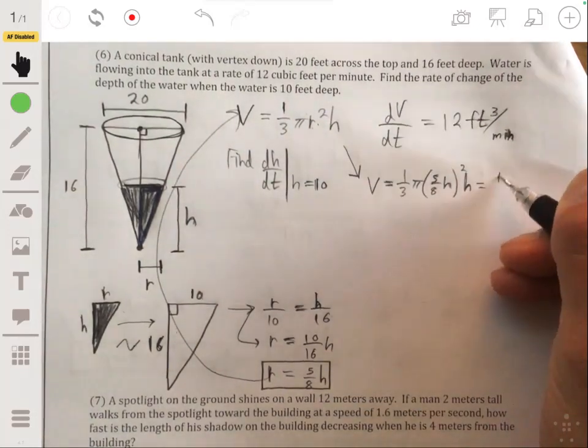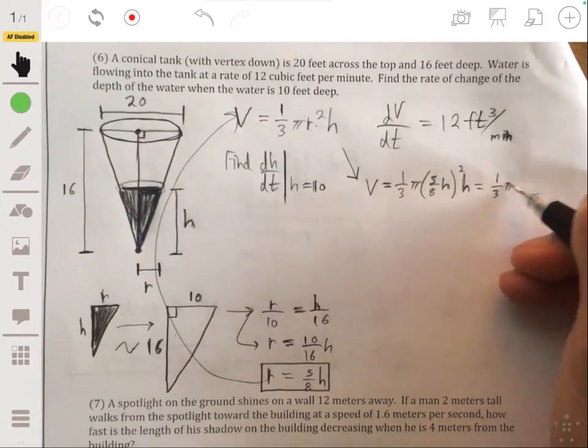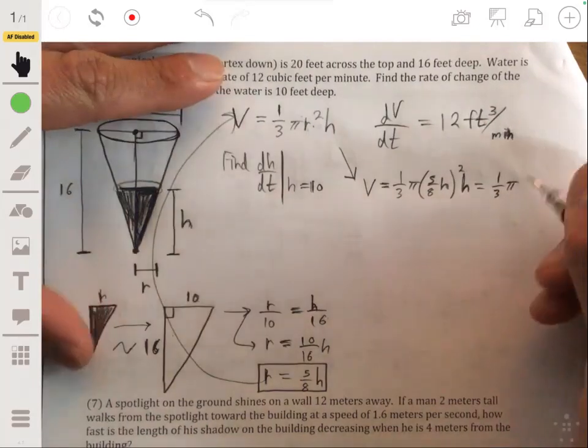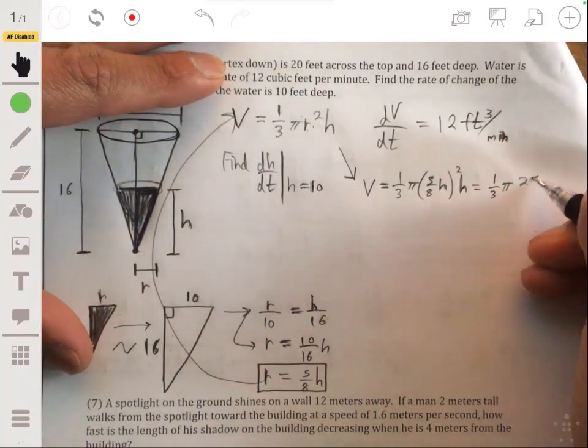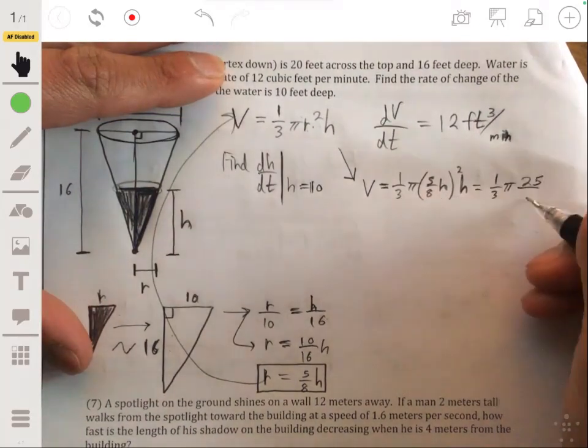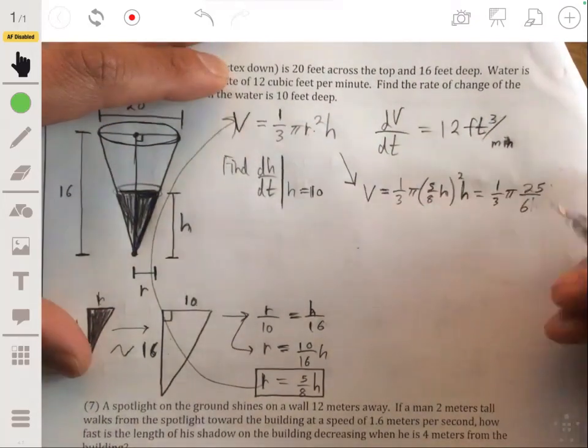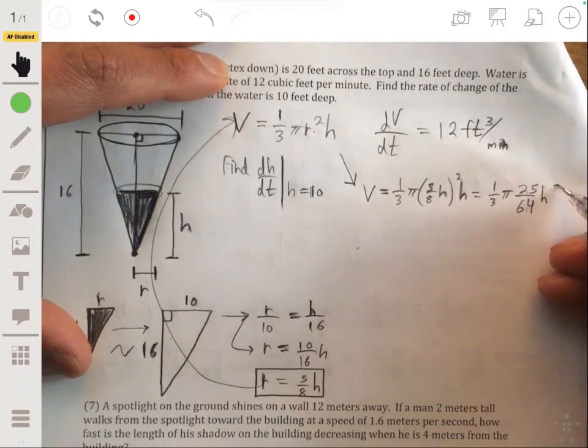And so this is going to be 1/3 pi times 25 over 64 H cubed.